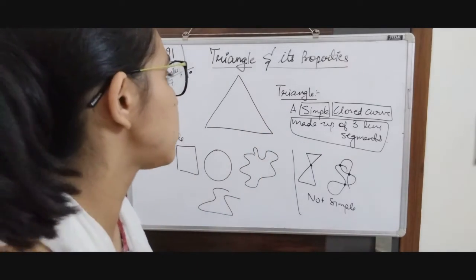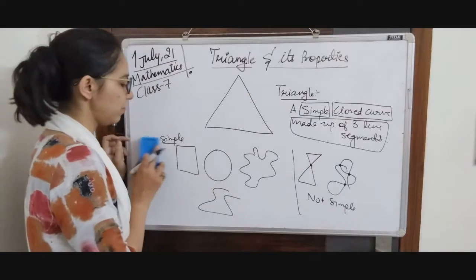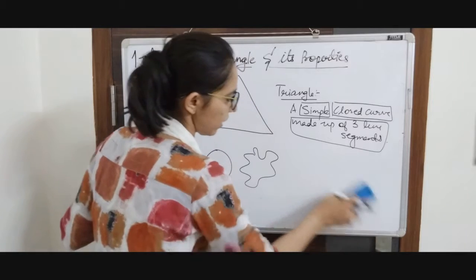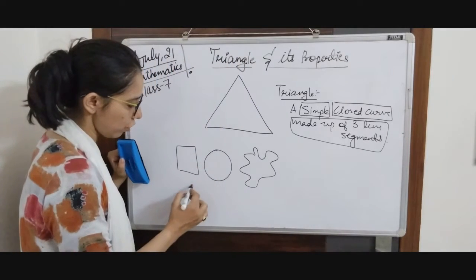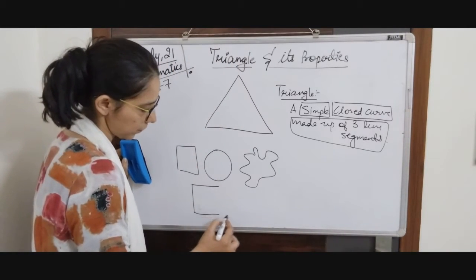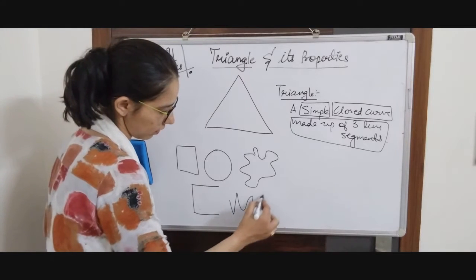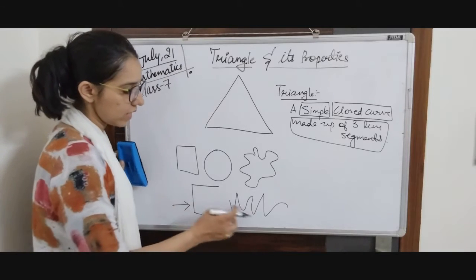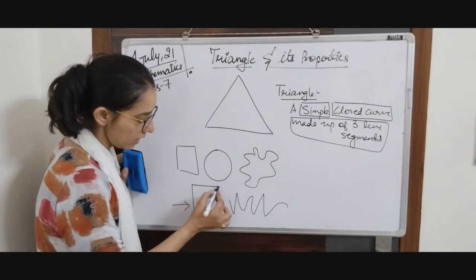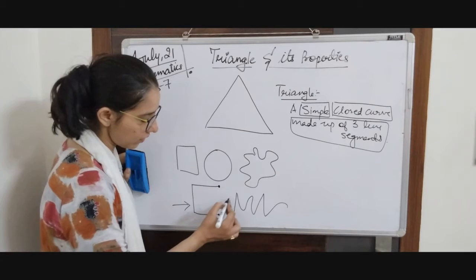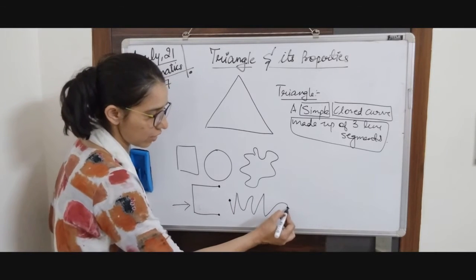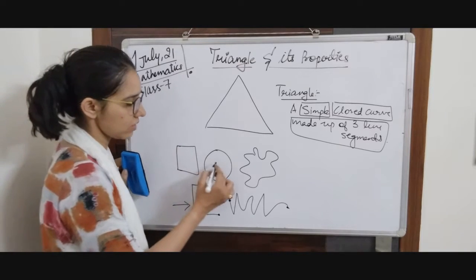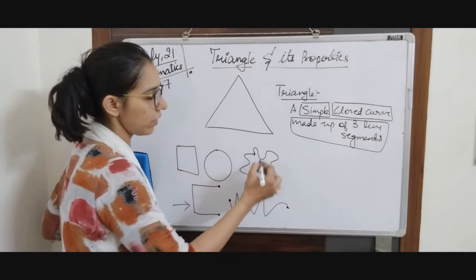Now what is a closed curve? A closed curve means one which does not have any end point. I have drawn a few figures. In these two figures, this and this, they are having end points. But in these three figures, this and this, we are going in a loop.